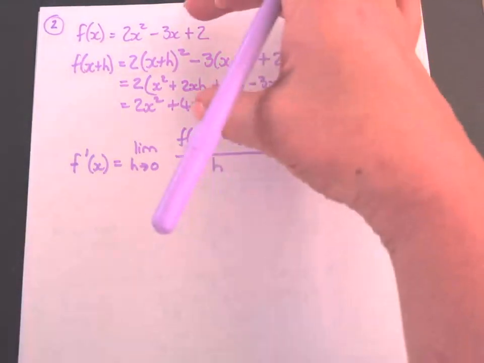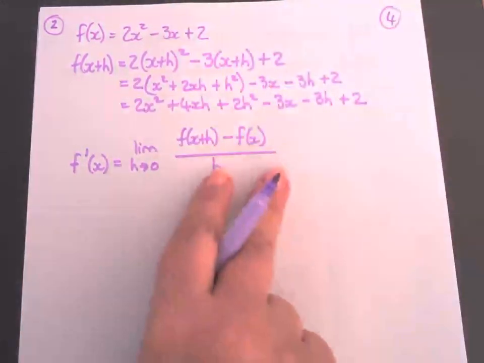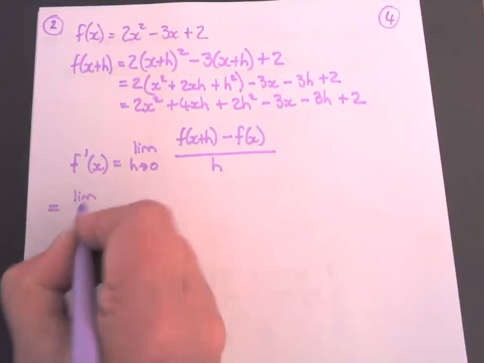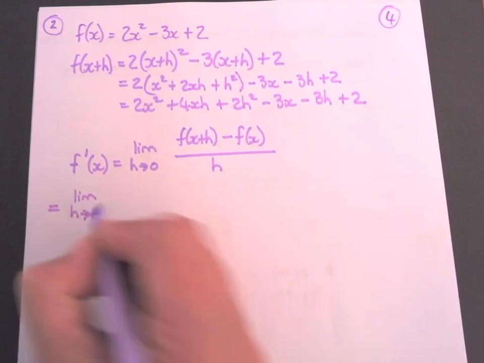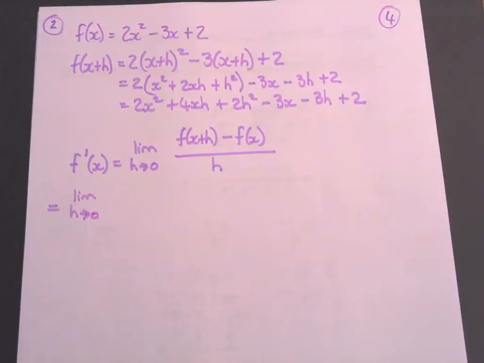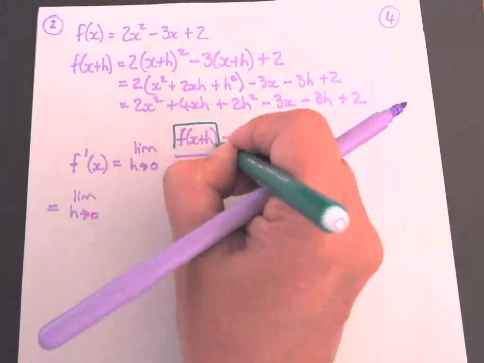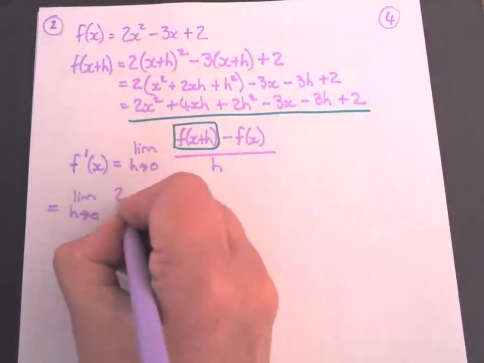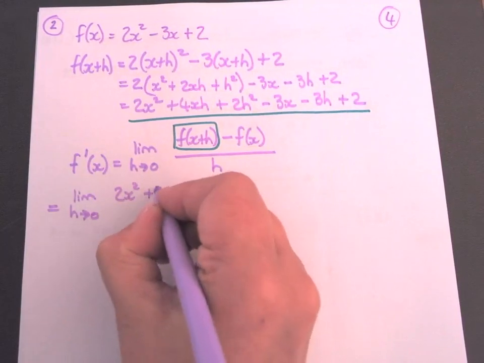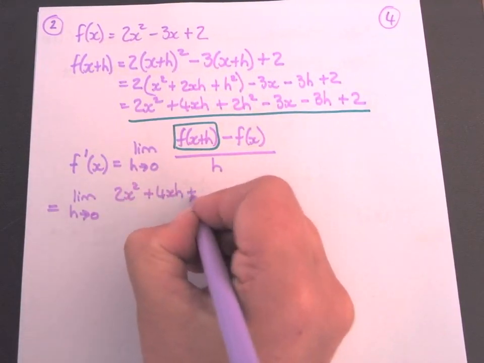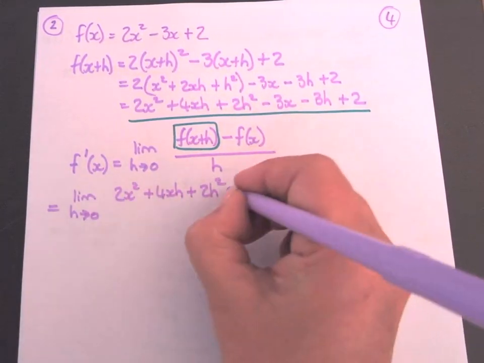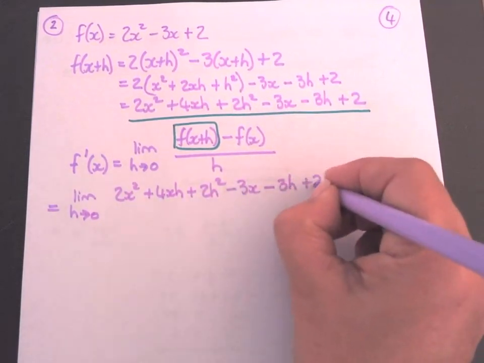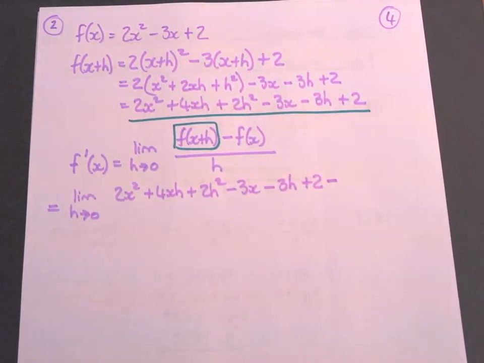Now I can substitute these two answers into my formula. The limit when h tends to 0, first I'm going to do x plus h, so it's this long one. 2x squared plus 4xh plus 2h squared minus 3x minus 3h plus 2 minus.